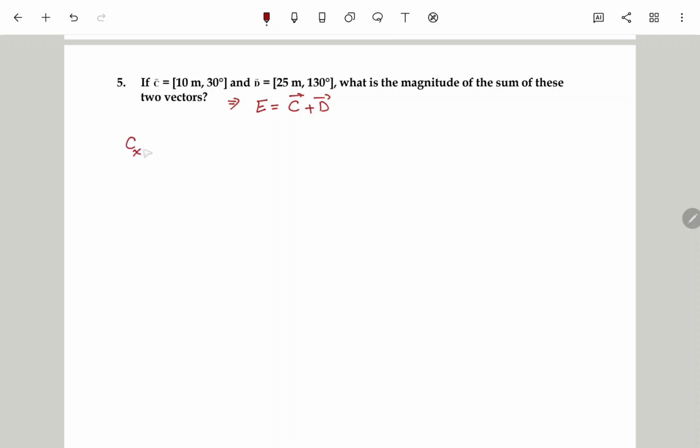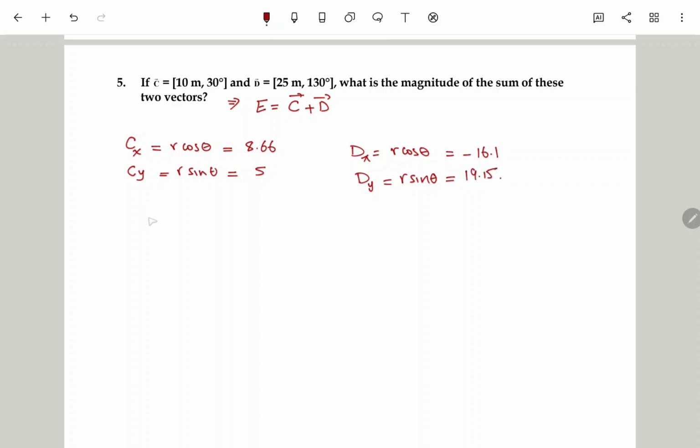So Cx equals r cosine theta, or 8.66, Cy equals r sine theta equals 5, and Dx equals r cosine theta equals minus 16.1, Dy equals r sine theta, which equals 19.15.